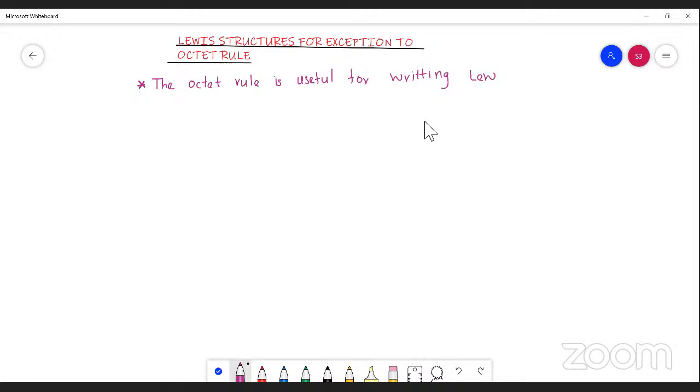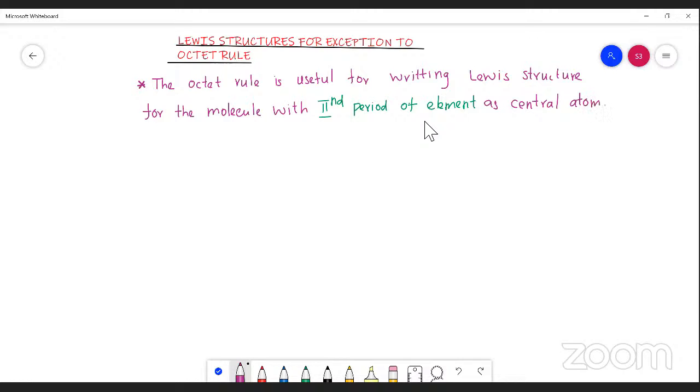The octet rule is useful for writing the Lewis structure for molecules with an element of the second period as the central atom. It is important: the second period of an element as a central atom.